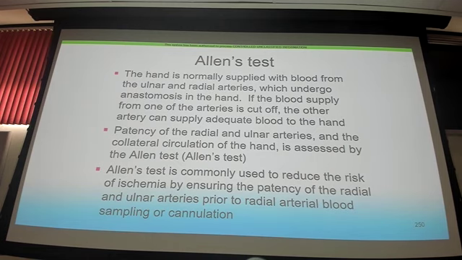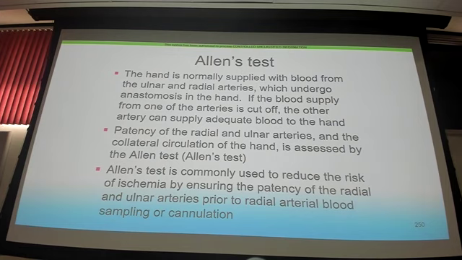Some people do not have a good or have a non-existent ulnar blood supply, and so the radial artery is providing all the blood to their hand. If you stick a needle in it and damage that artery, which can happen, you just cut off the blood supply to their hand. That's going to be a very bad thing, right? It's not something you're going to hide and put in the record later. You're running them down to the surgery suite. And so you need to test that.